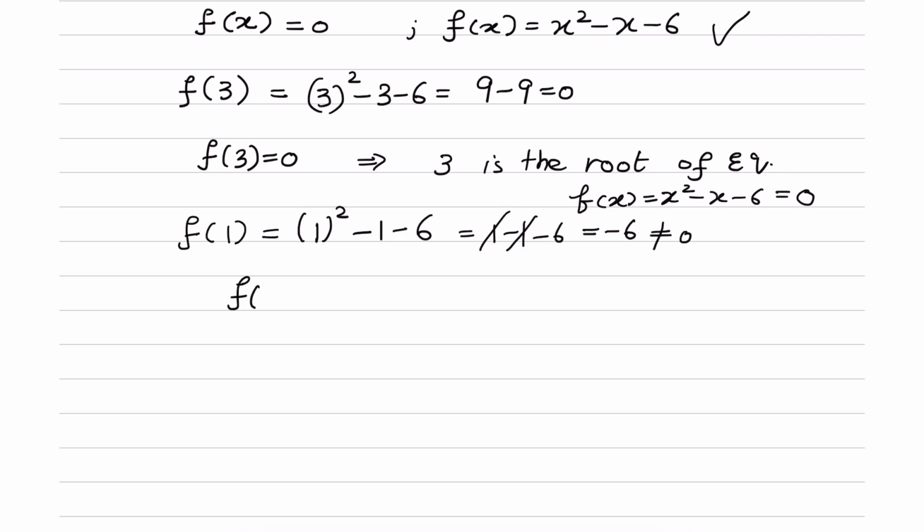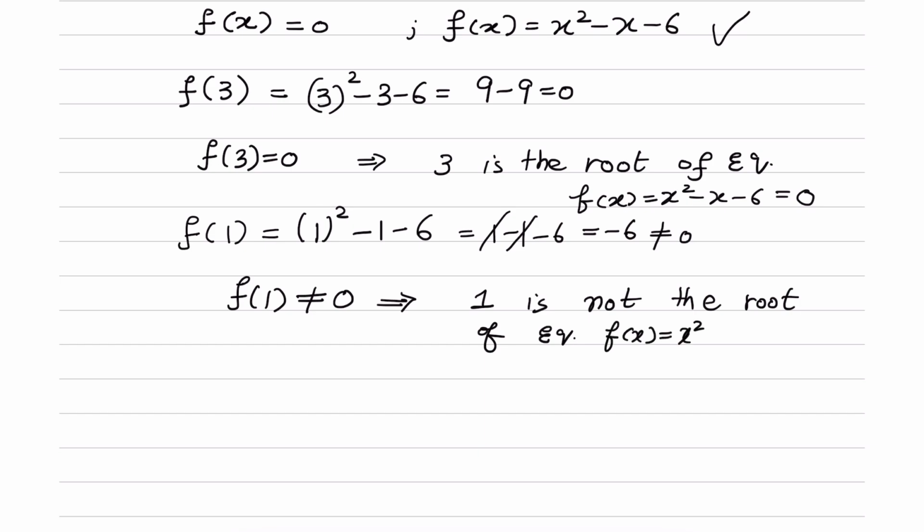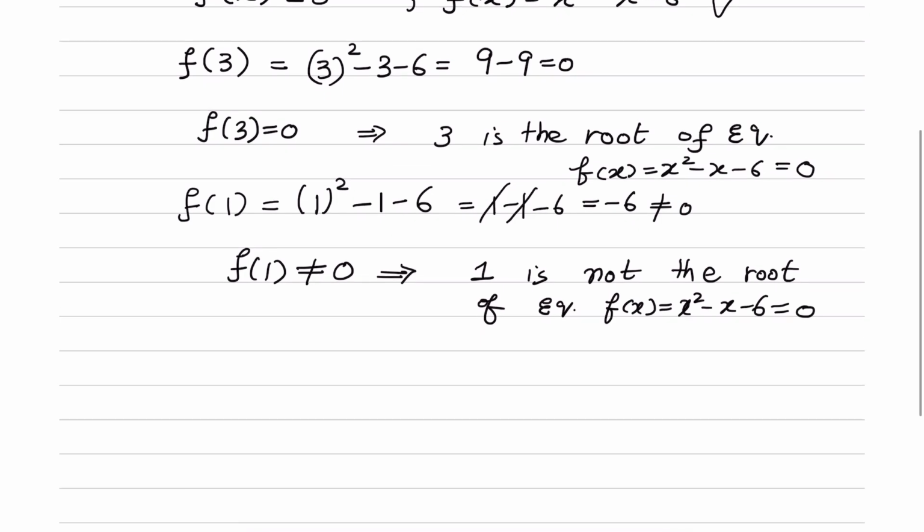So we are saying f of 1 is not equal to 0. This will imply that 1 is not the root of equation f of x, which is x square minus x minus 6 is equal to 0.